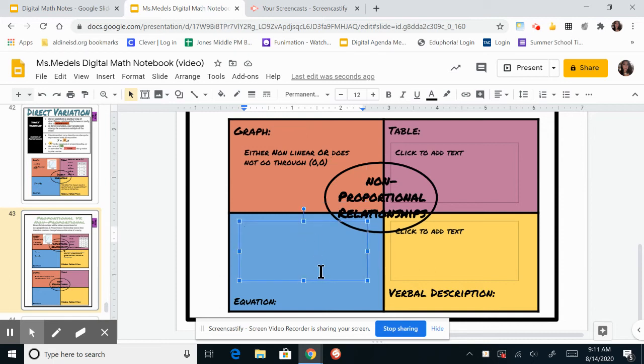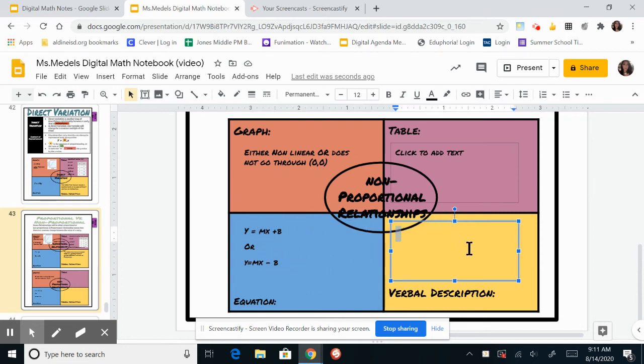Now with your equation, you can have two. You can either have y is equal to mx plus b, or you can also have y is equal to mx minus b. Okay, now we have those components of addition and subtraction.